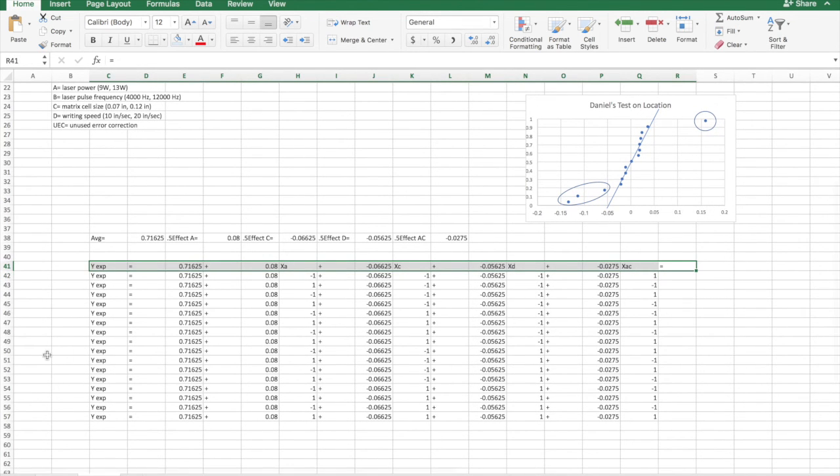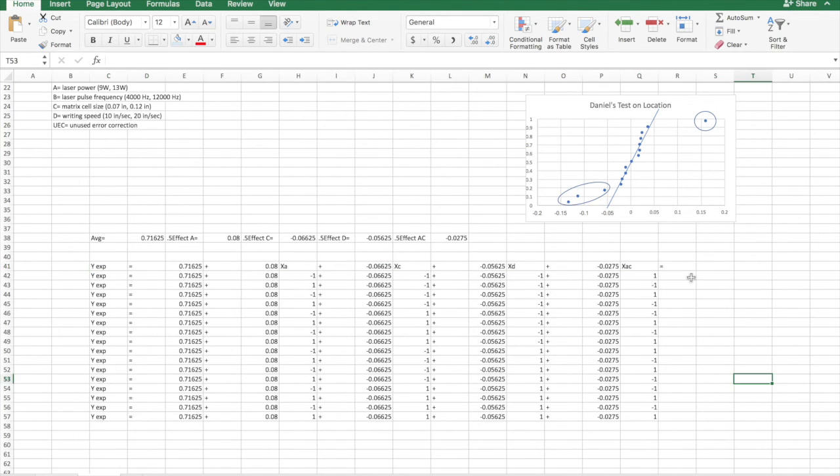With this equation we can then get the expected values, and after that we can get the residuals. So in here this is going to be equals of this plus this times this plus this times this. Oh, hold on. Here it's okay.